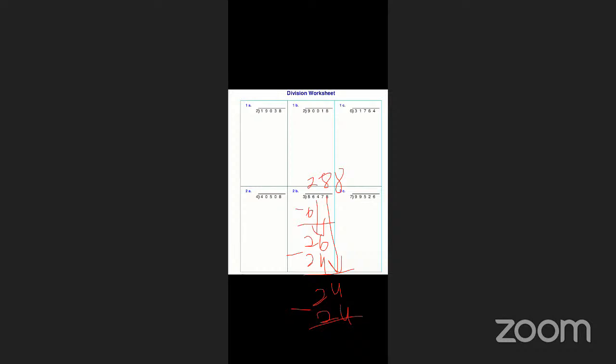Then you pass down the 7. 3 times 2 is 6. So that means 1.